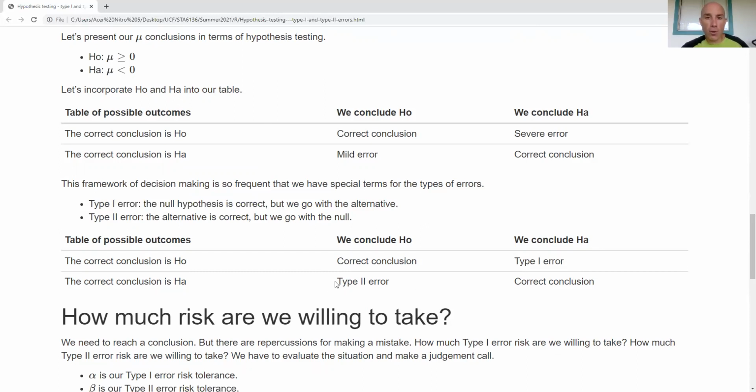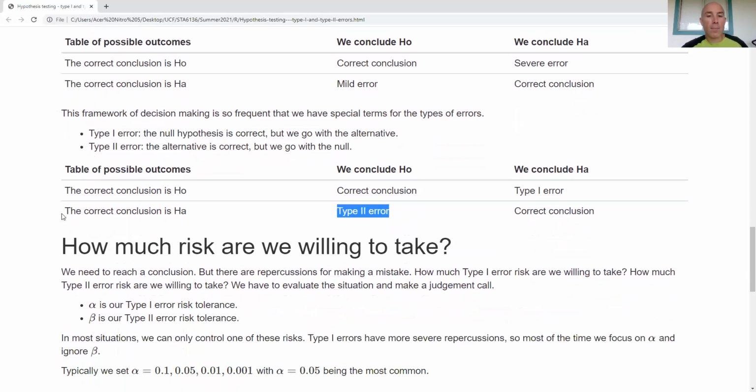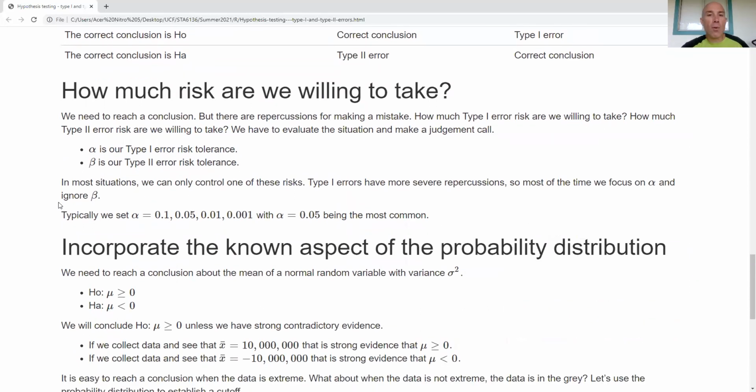If the alternative is correct but we made a mistake, that's a type 2 error. So now we've been able to articulate the risks, the possible mistakes that could occur, and we formulated which one is more severe than the other. That has led us to a formal structure on how we write down our hypotheses.